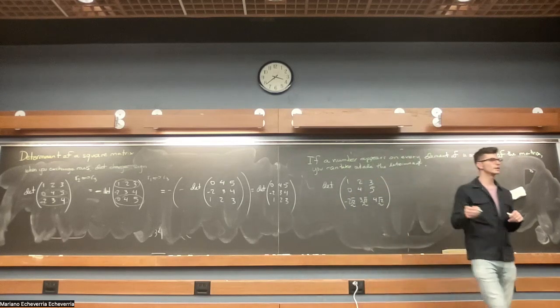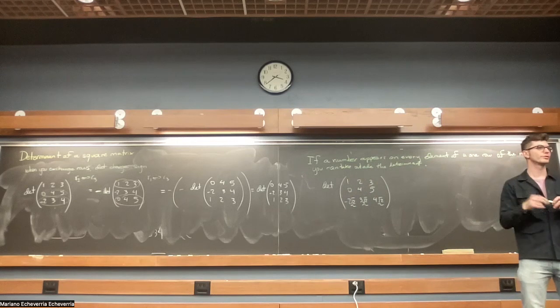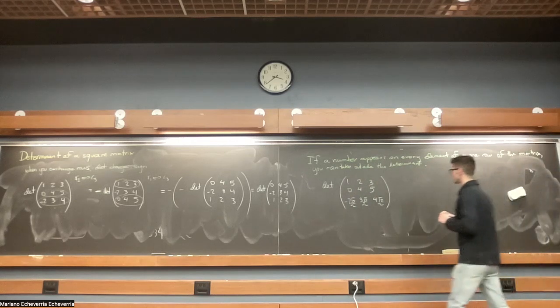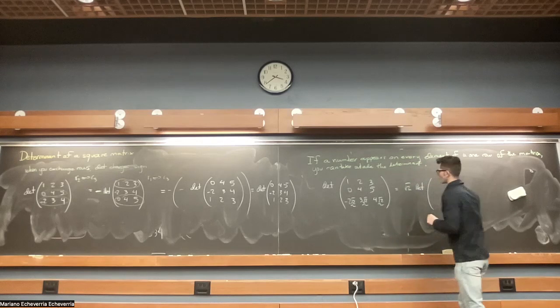So what this formula says is that you can take this root of 2 outside the determinant. So this will give you root of 2 times the determinant of 1, 2, 3, 0, 5.